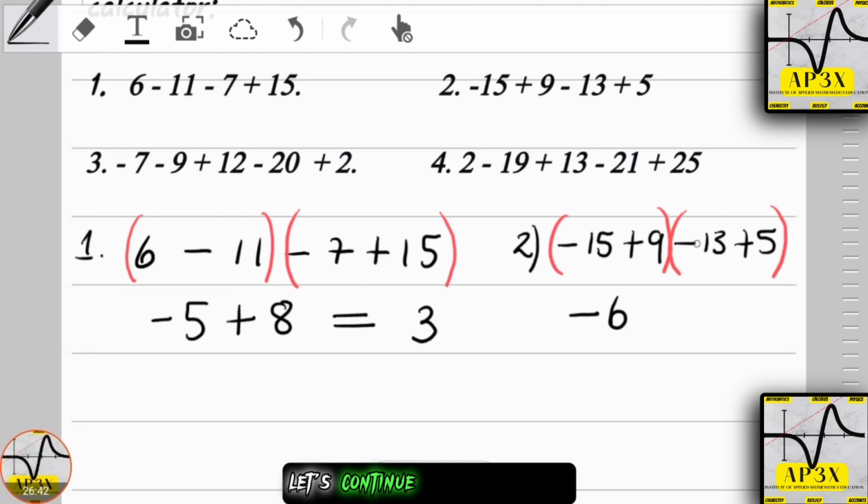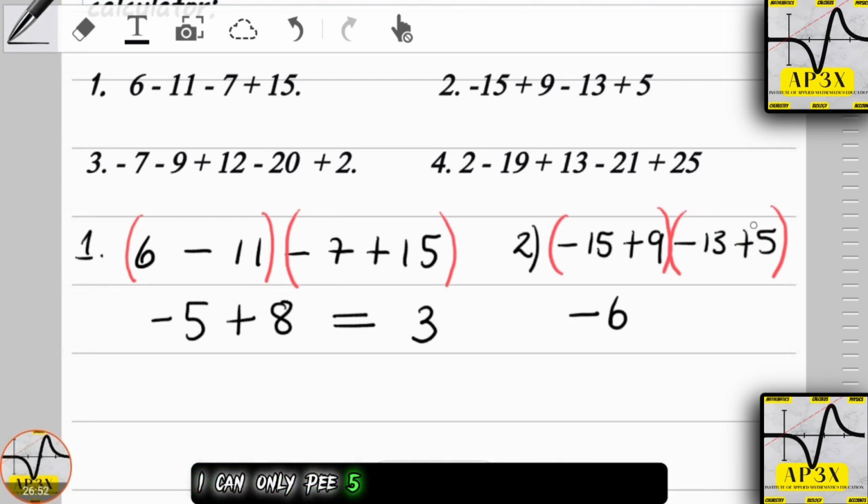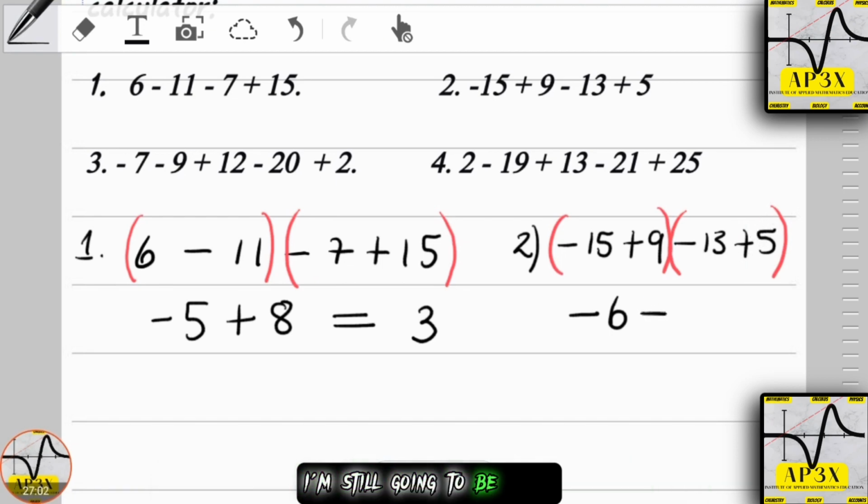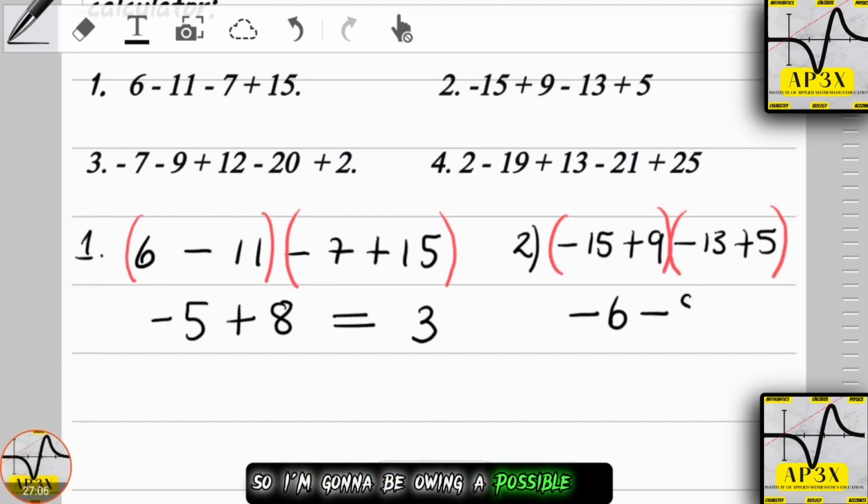Let's continue. Over here, again, I would have owed 13. And now I would have only 5 to pay. I can only pay 5 because I possess the 5. I have 5. I can pay what I have. But even after paying what I have, I'm still going to be owing. So I'm going to be owing a possible 8.